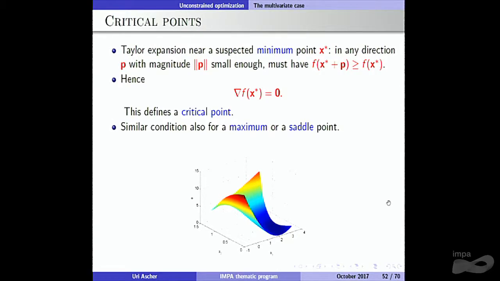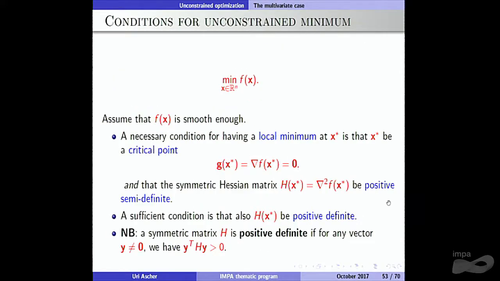In more than one dimension, I can have a minimum point, like here. I can also have a saddle point, like over here, where in some directions it goes up, and in other directions it goes down. Anybody hasn't seen this before? And so we're looking for a critical point as before: the gradient of f is 0.